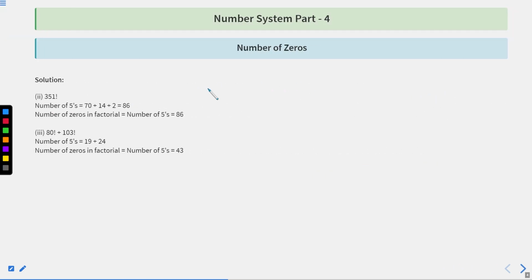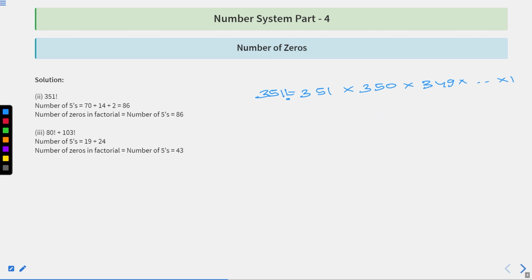Here we need to again find out how many fives are here. So 351 can be written as 351 factorial. The expansion will be 351 into 350 into 349, and it will go till 1. First of all, find out how many numbers contribute one five.